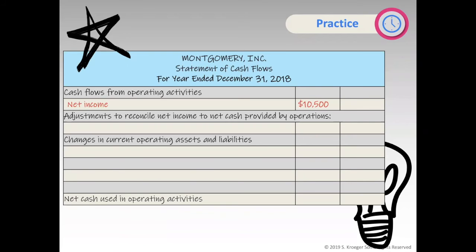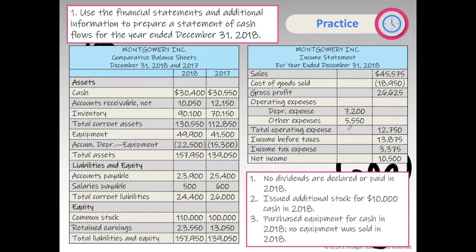What comes after net income? We're going to add our non-cash expenses, which the only one in this course that we're going to focus on is depreciation. Remember, we can find depreciation two ways, one from the income statement, which is the better way to find it, or on the balance sheet. Let's go back and take a look at the income statement. If we take a look at the income statement, we can see that depreciation expense is $7,200.